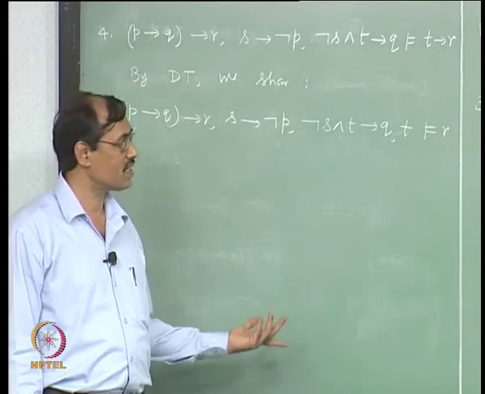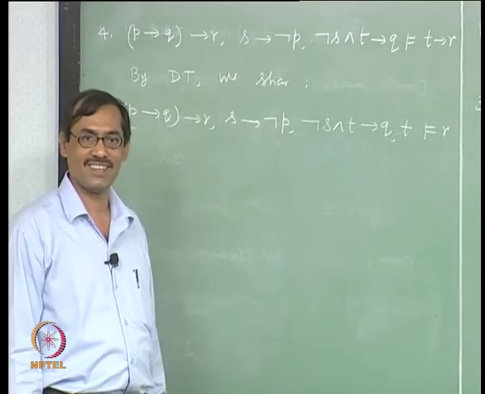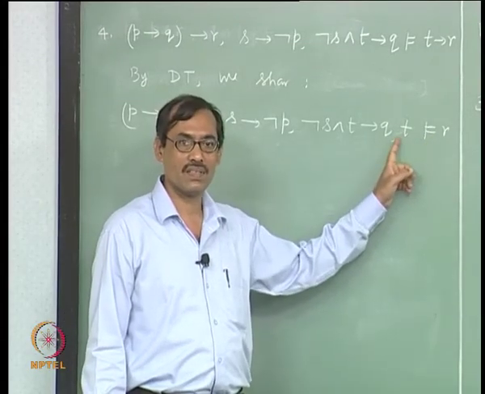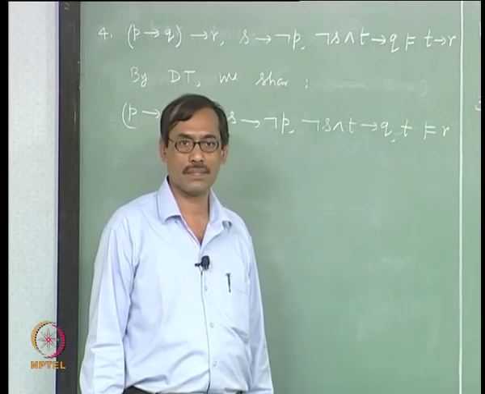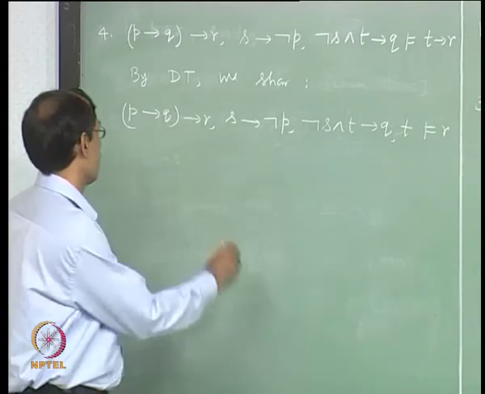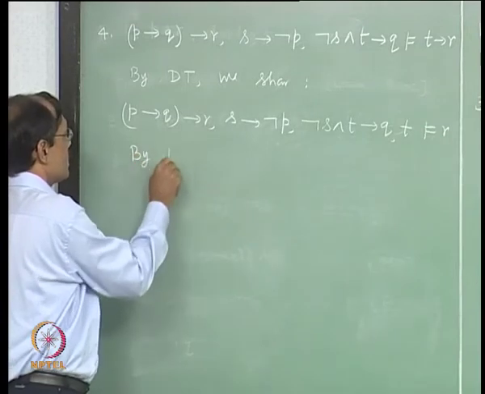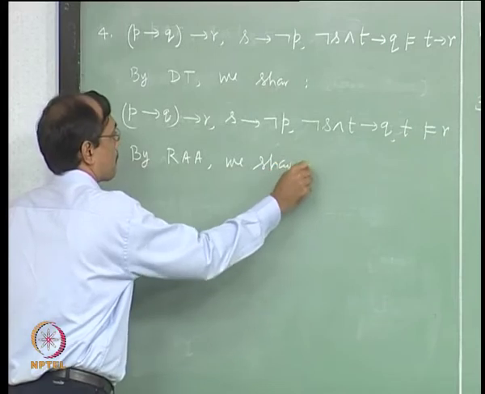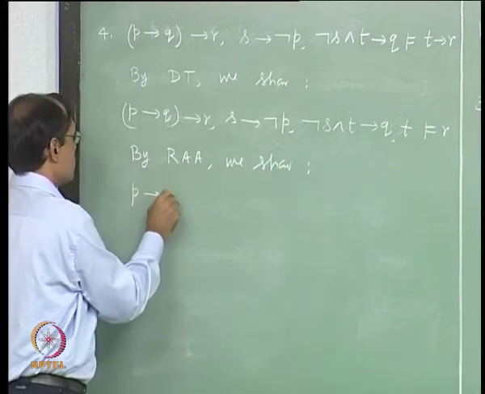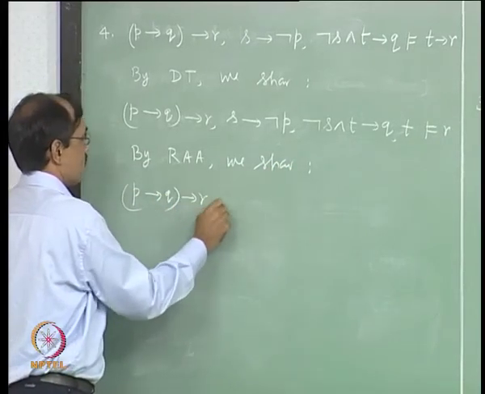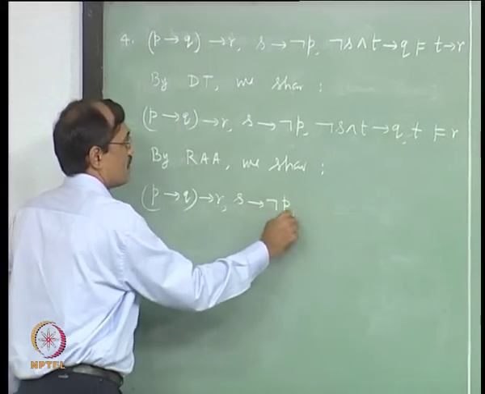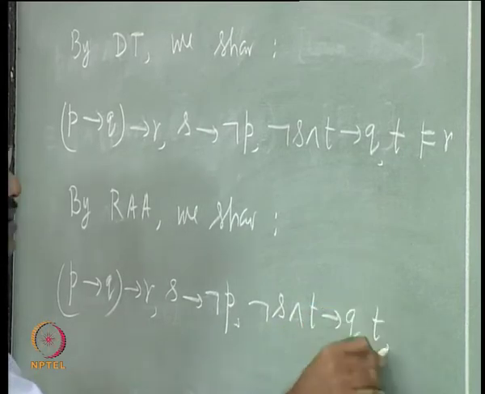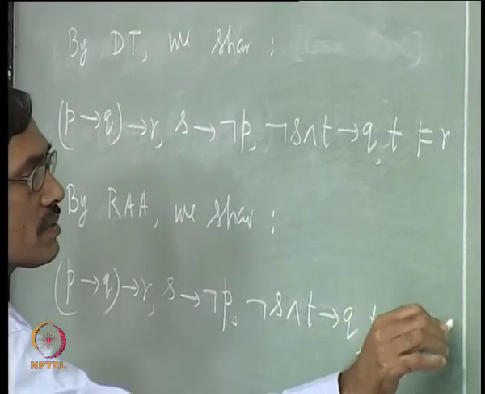Well, here only reductio ad absurdum will help. So, what do we do? Take negation of R with this, try to prove bottom, fine. So, let us try that. By reductio ad absurdum, we show P implies Q implies R, S implies not P, not S and T implies Q, T, not R entails bottom.